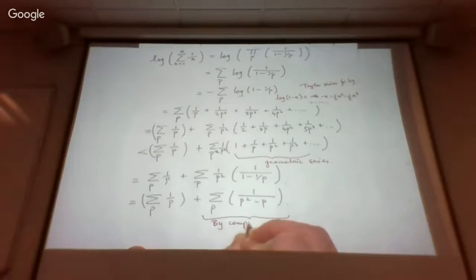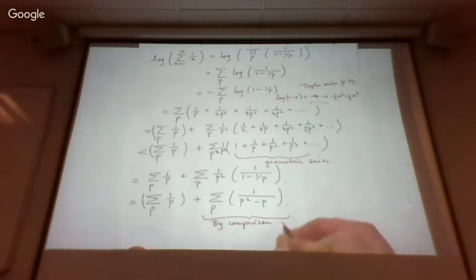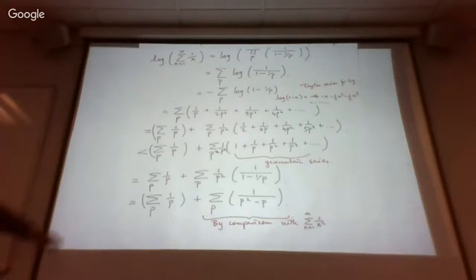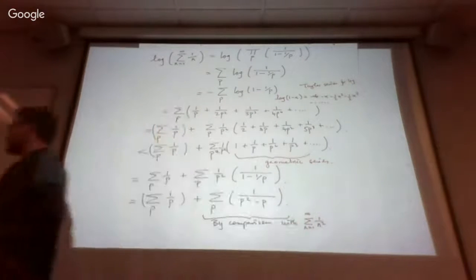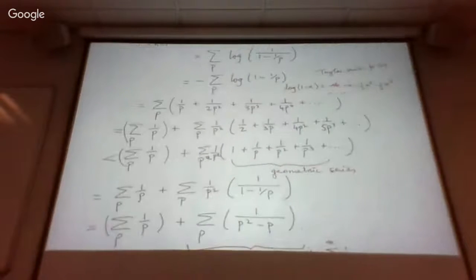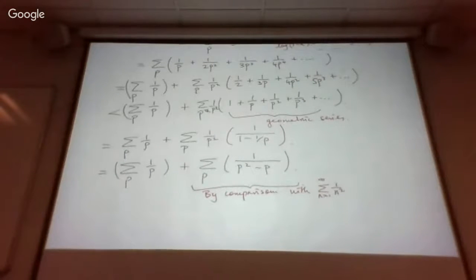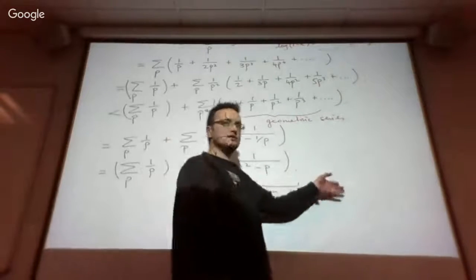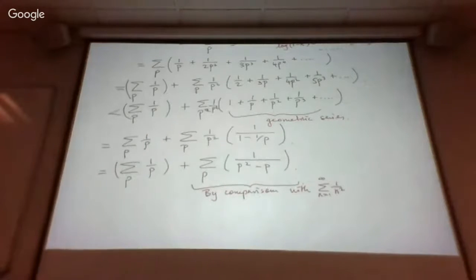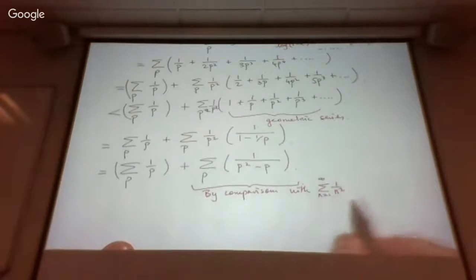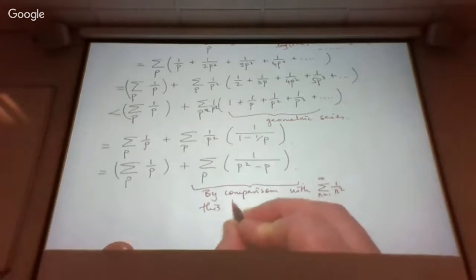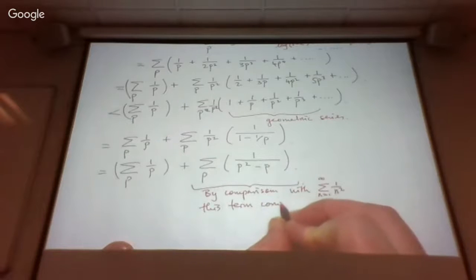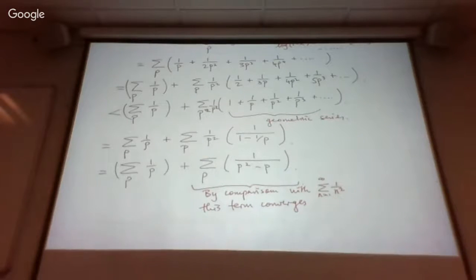And by comparison with the sum of 1 over n squared over all integers n. Now this one we know to be convergent. From our maths fundamentals work last year, you can apply the integral test to the series 1 over n squared and you'll find that it's convergent. So by comparison with the sum of 1 over n squared, this term converges. It's just equal to some finite number.